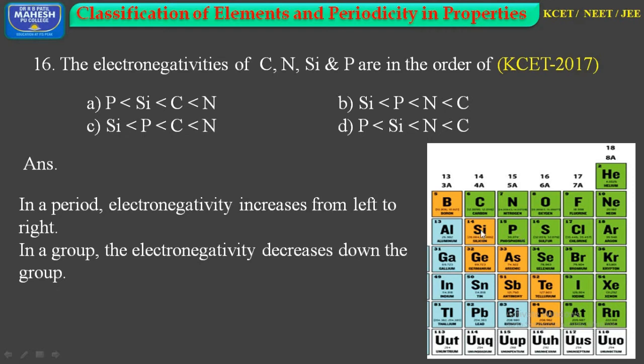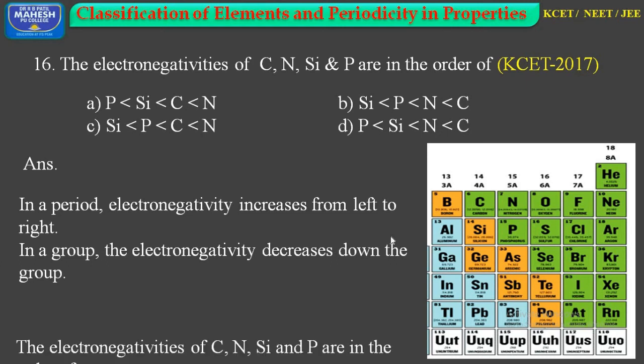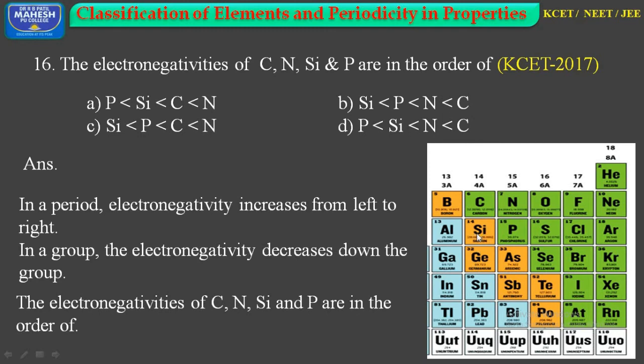But if you compare between silicon and phosphorus, then phosphorus is more electronegative. So students, with this we can write the increasing order of electronegativity of the given elements as silicon with the least value, followed by phosphorus, and next is carbon, and finally nitrogen. So students, the right answer is option C.